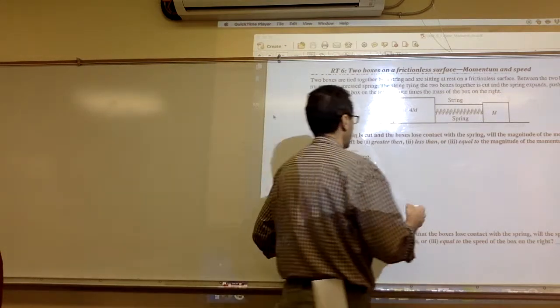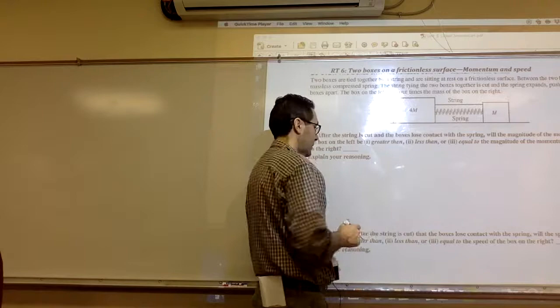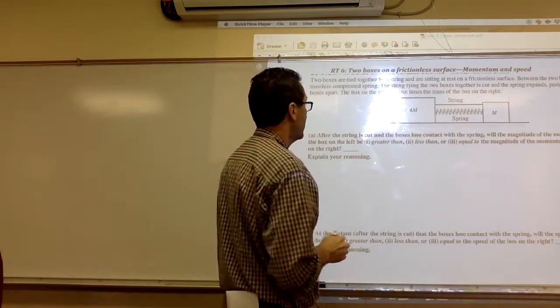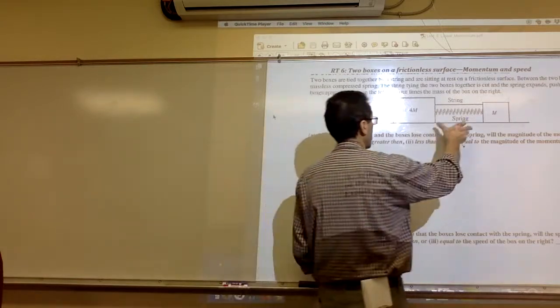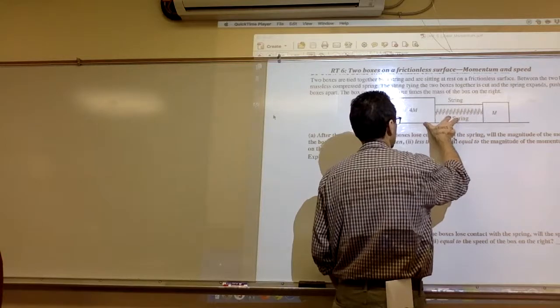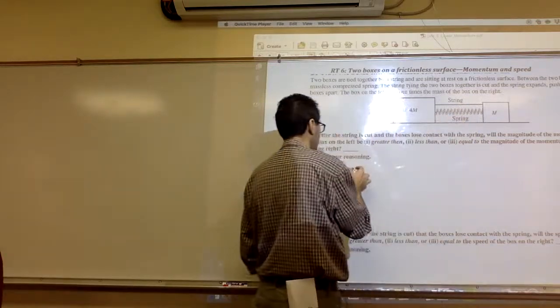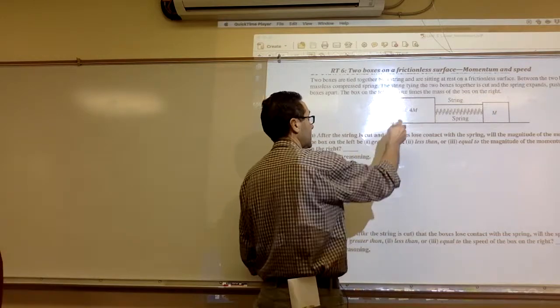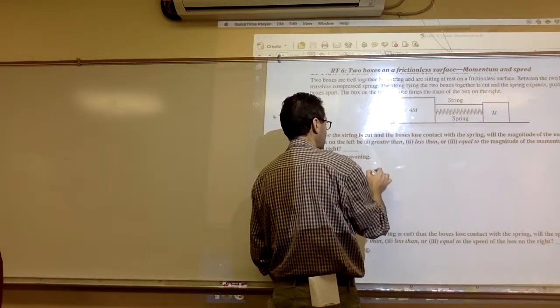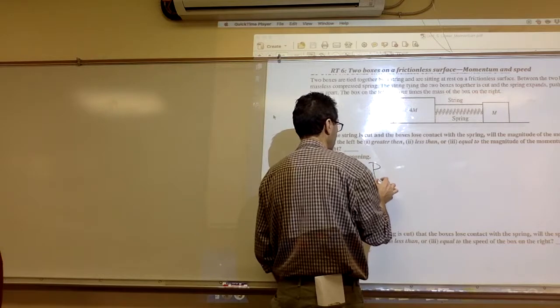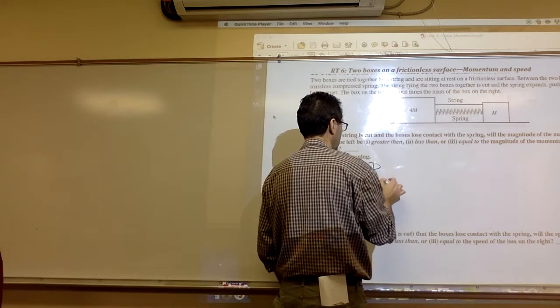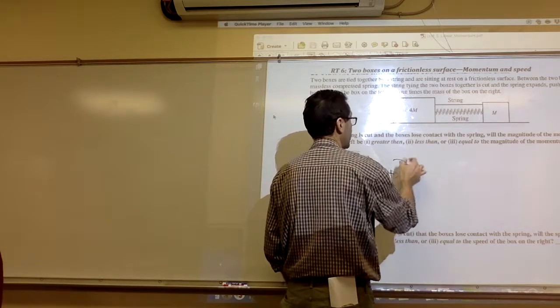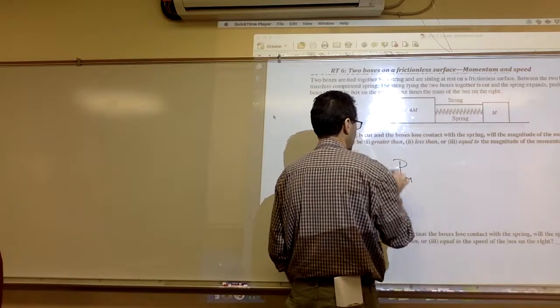Okay. All right. We can look at this in terms of the conservation of momentum. So these two here combined started with no momentum. After this split, the 4m will have momentum, so I guess I call it 4p, 4m, plus the momentum of the m.